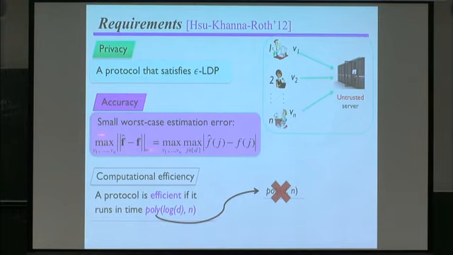Okay, there's something missing. There's a probabilistic component to this. So I want the expectation of this quantity to be small no matter what the data set is, for any possible data set. I won't go into the details, but one can accomplish this.